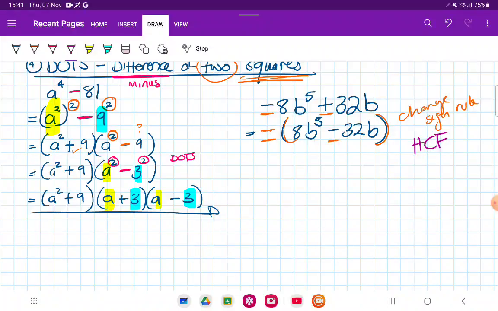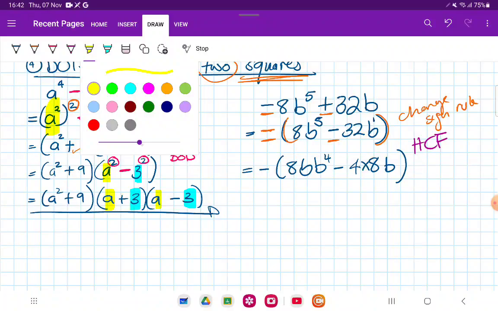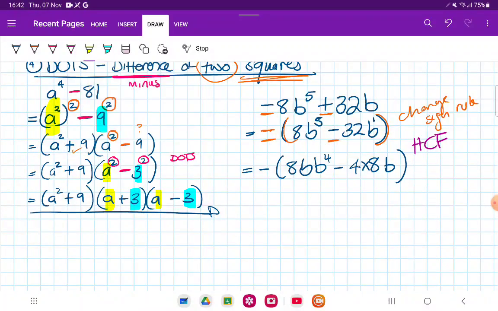So 32 is actually, okay, let's rewrite it. I can rewrite this as negative 8b. So there's b to the power 1 there, right? So I take 1 out and I'm left with 4 minus, I think it's 4 times 8, b to the power 1. So now I can take out factors that are common. And the first one I see is there's an 8 that's in common.